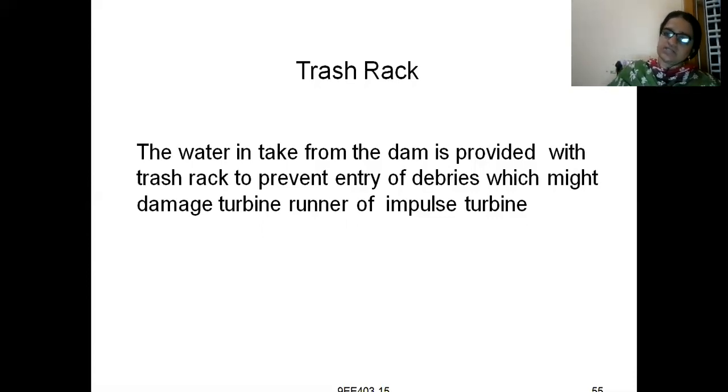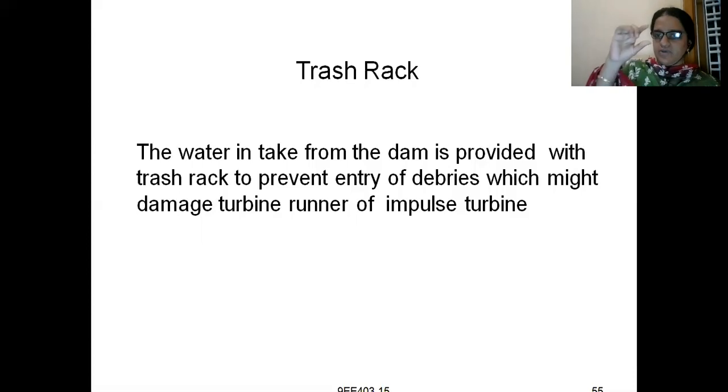So before the water enters the dam from the reservoir, they provide this trash rack arrangement, so that the debris, mud particles, sand particles, or small stones get blocked there itself, so that the water which enters the dam will be free of all these risks.